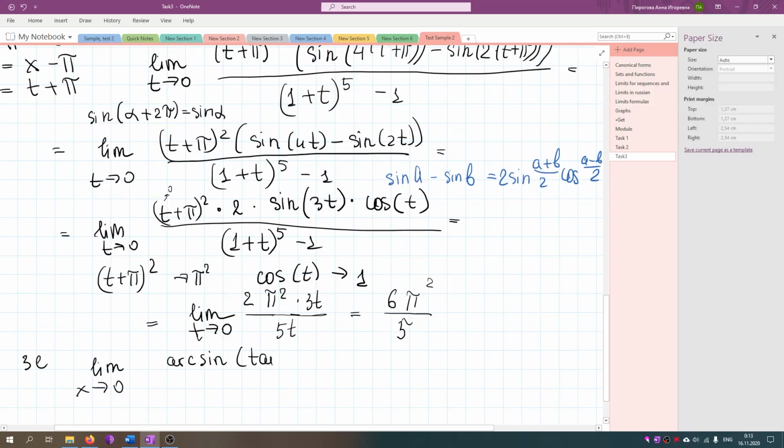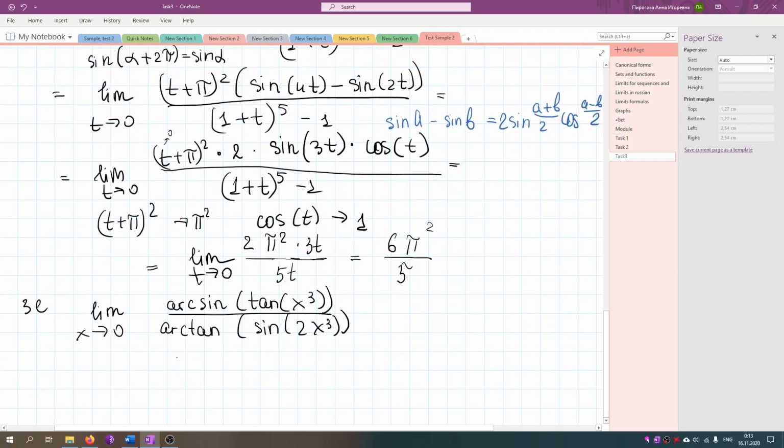So basically what we need to do in these cases is just replace our functions with equivalent ones. So I'll do it step by step. Let's start with the inner function.